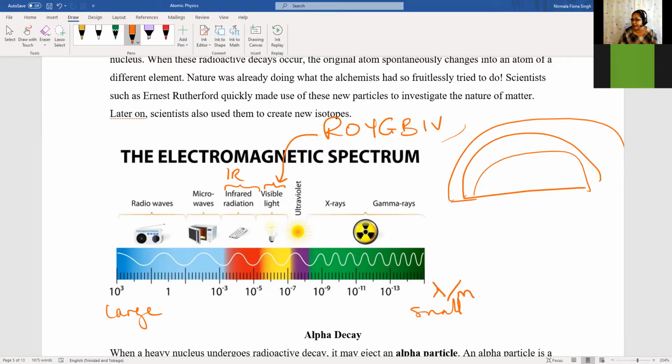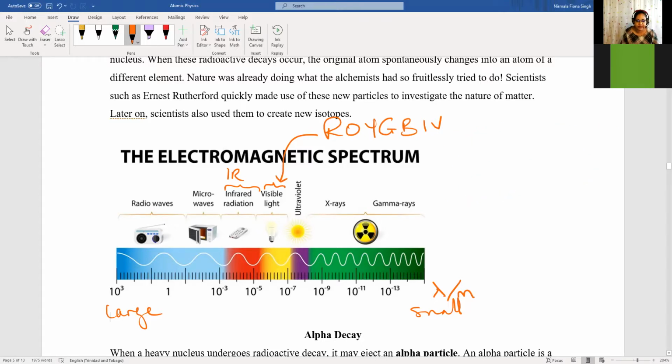Roy G. Biv: red, orange, yellow, green, blue, indigo, violet. The colors of the rainbow, right? Roy G. Biv being the colors that make up white light. Remember, white light is the light that we get from the sun. But if we split that up, we get our whole spectrum of the rainbow, which will be red, orange, yellow, green, blue, indigo, and violet.